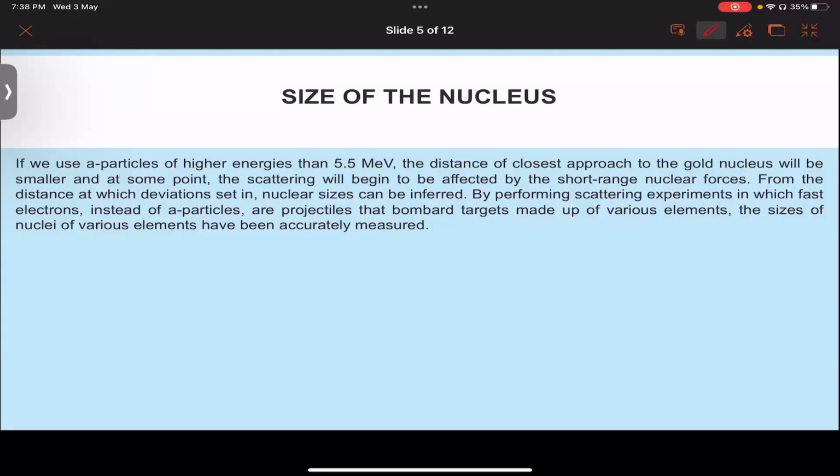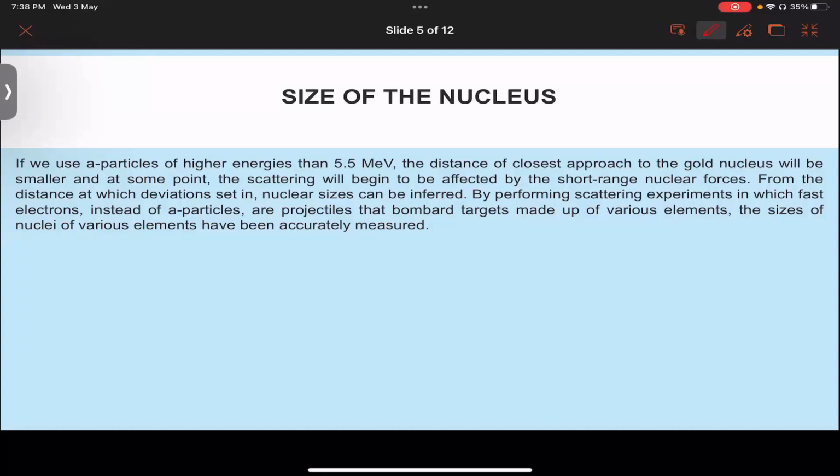So what some people did was start performing these scattering experiments with very fast electrons instead of alpha particles. These electrons were the projectiles that bombarded targets, and the targets were made up of different elements. Since they used different elements, they saw that the sizes of the nuclei of the various elements could be measured.